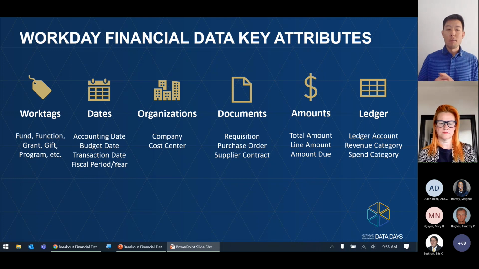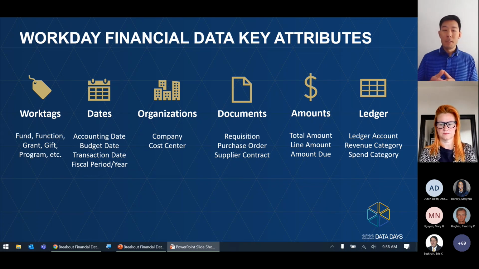And a lot of people call them the driver work tags. There are also work tags that just in general identify what the context of that financial data is. So some examples, you have funding sources, you have function, program, all of those are work tags.